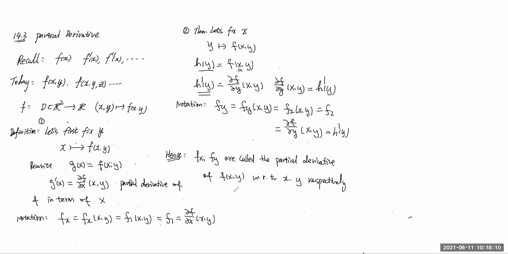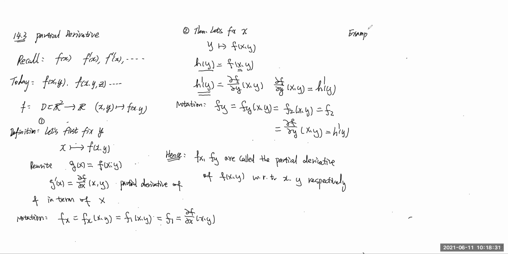So this is about the partial derivative. If you think of it in this way, it's easy to understand. You just fix one variable and compute the derivative for the other one. I think that's the idea. Okay, so let's look at examples.